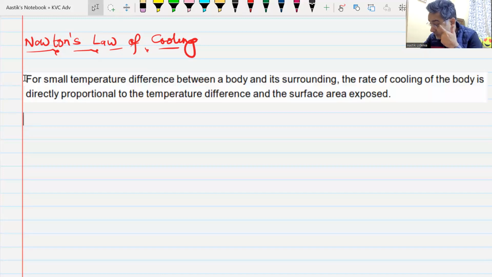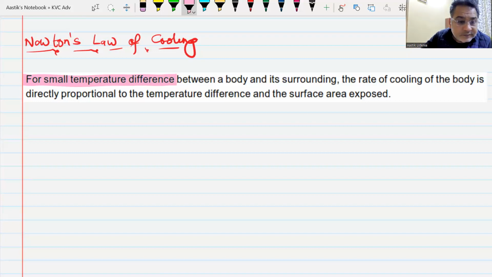What does Newton's law of cooling state? For a small temperature difference, 5, 10, 15 degrees, the rate of cooling is directly proportional to the temperature difference of the body with the surroundings.